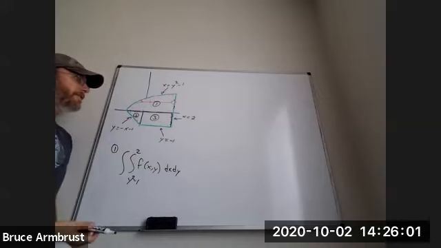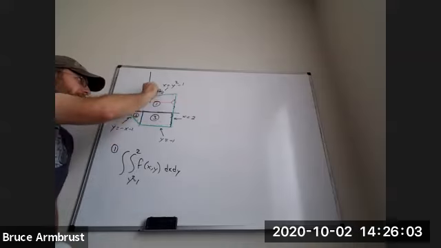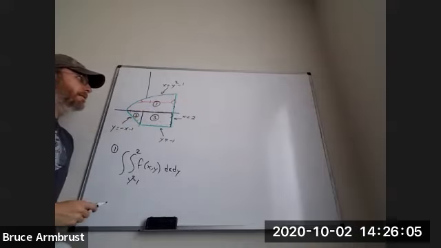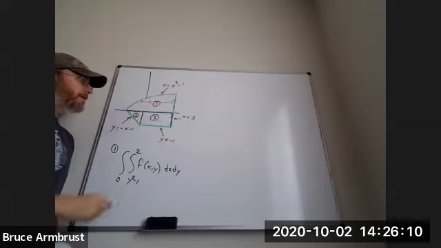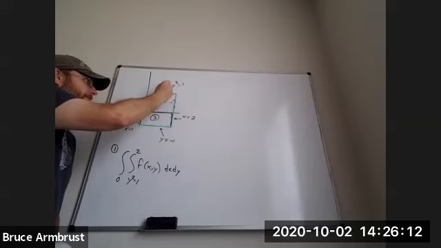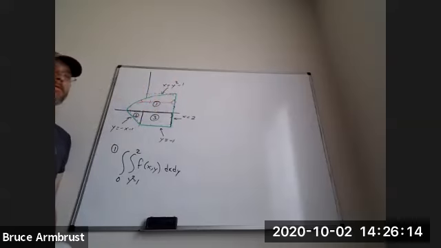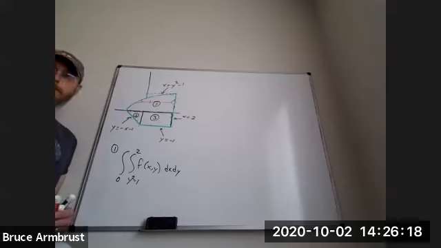And then I need to know how far he's going in the vertical direction. Well, he's starting at y equals 0. And the question then is, how far does he come up? How are we going to be able to figure out what that y is?